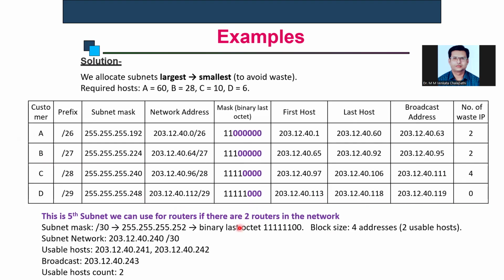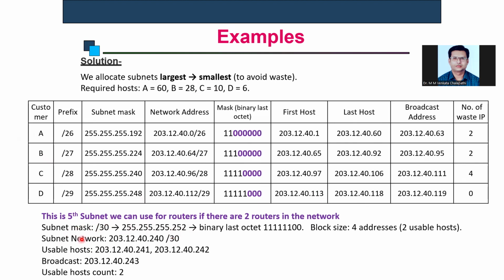To connect two routers, we need two IP addresses, but we can't take just two. We require a minimum of four, which is 2 to the power of 2. 32 minus 2 is 30. So 30 will become the prefix for the fifth subnet. The slash 30 subnet mask will be 255.255.255.252.